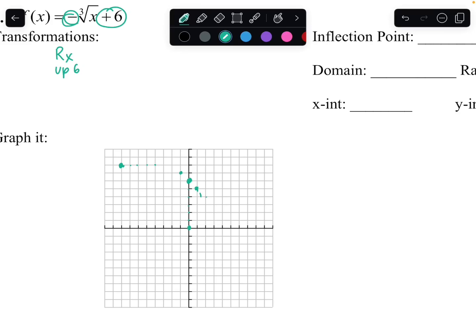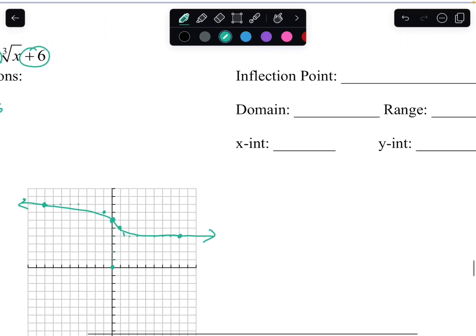And then same on the other side, but down 1 over 7. And so you can make your S shape that way. And so the inflection point is 0, 6.